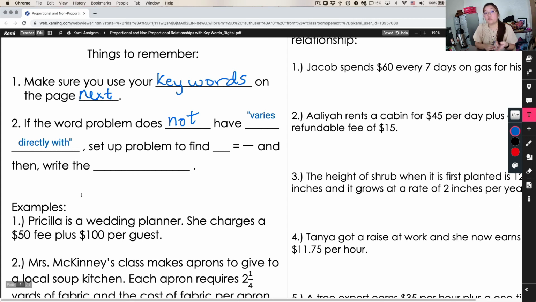When you see those 2 phrases, that's a little red flag telling you, hey, this is a direct variation problem. If the word problem does not have that, you need to set up the problem to find m by doing y over x and then write the equation.